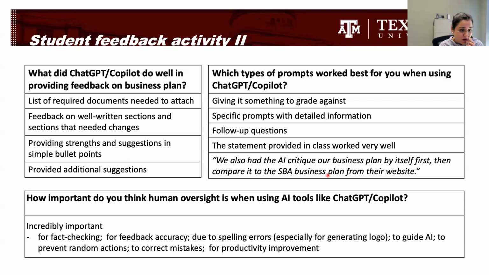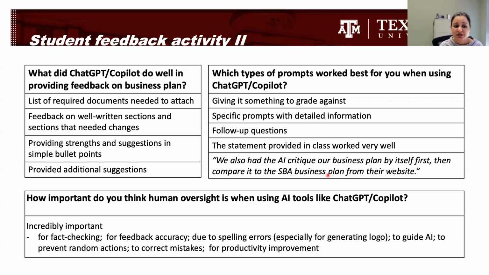For the third question, how important is the human oversight? Everybody agreed again on this. It's very important for fact checking and feedback accuracy, because sometimes it was providing inaccurate feedback as well, which was not relevant to the horticultural industry.